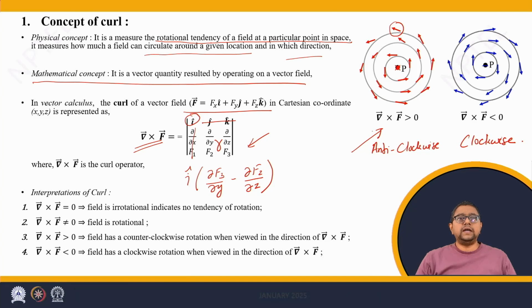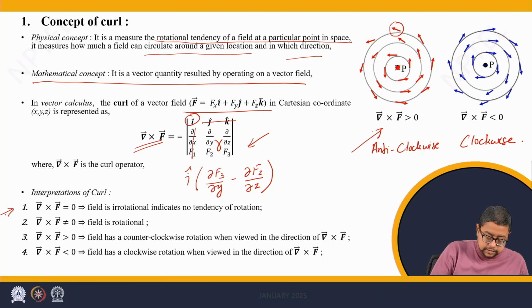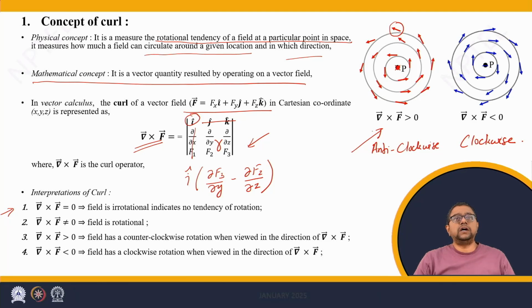Now we will look at the various interpretations of the curl from a physical point of view. First, what happens if the curl of a field is 0? We have seen this in the previous lecture as an irrotational field. The field becomes irrotational, which indicates that the tendency of rotation is absent.